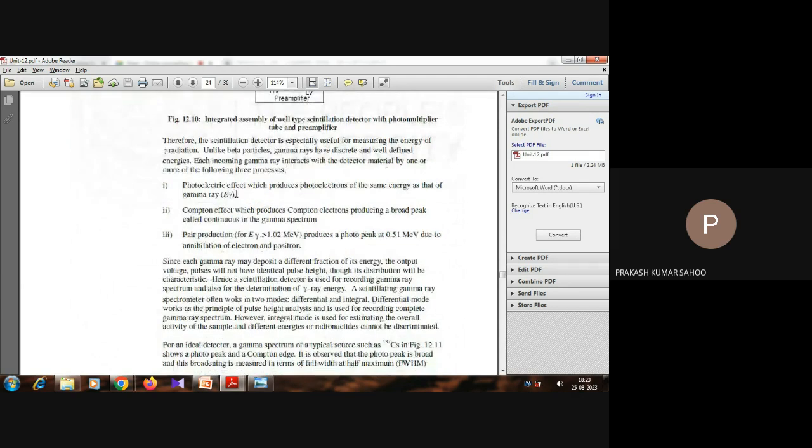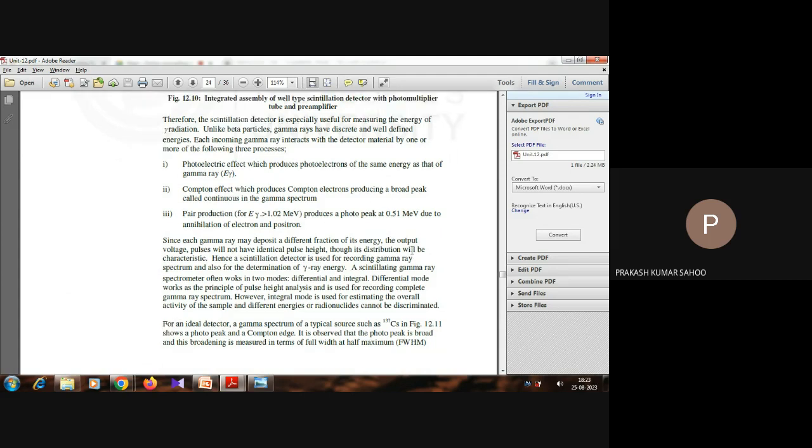Then the photoelectric effect produces a photoelectron of the same energy as that of the gamma ray. Then the Compton effect, which produces a Compton electron, produces a broad peak called the continuous gamma spectrum, where a radiation greater than 1.02 mega electron volt produces a photo peak at 0.51 mega electron volt.